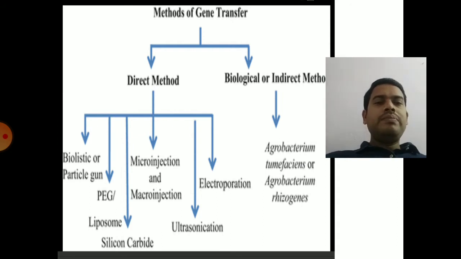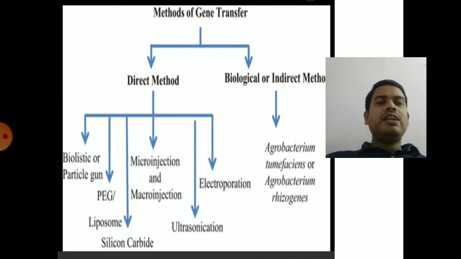So direct method means a vector containing foreign DNA is introduced into the plant, bacterial or animal cell with the help of a gene gun or a chemical or a liposome, or by means of microinjection or by electricity passing, that is by method of electroporation, or by using sound waves or ultrasonication.